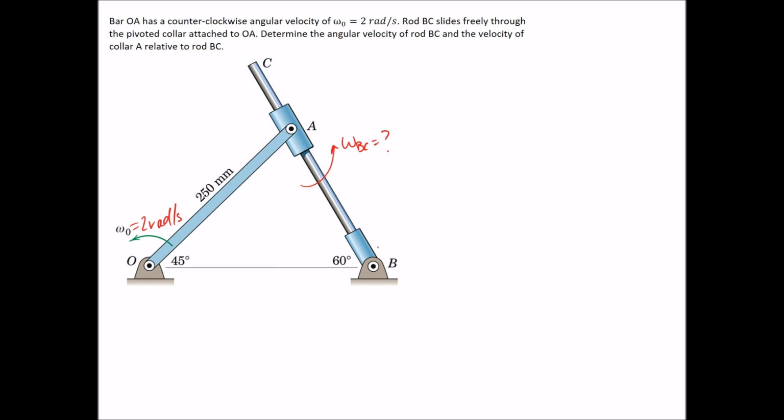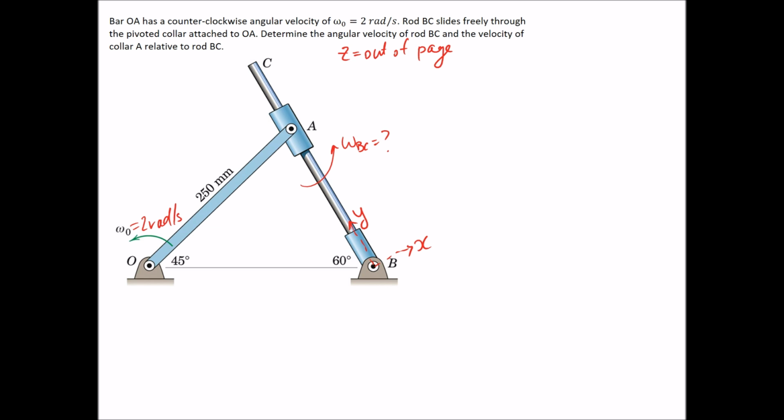So for the rotating coordinate system, we need to connect it to something that it's going to rotate with. So I'm going to connect it to this member. Let's make this the y-axis and this the x-axis, and we're still going to have the z-axis being out of page, drawn in the positive direction.